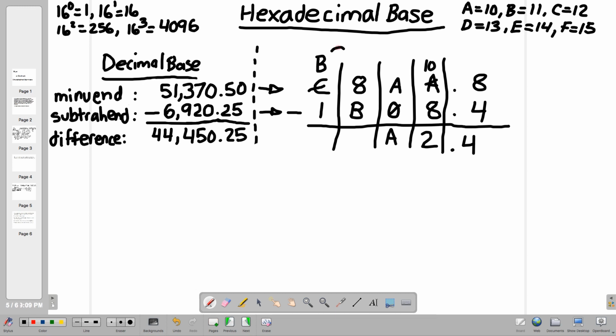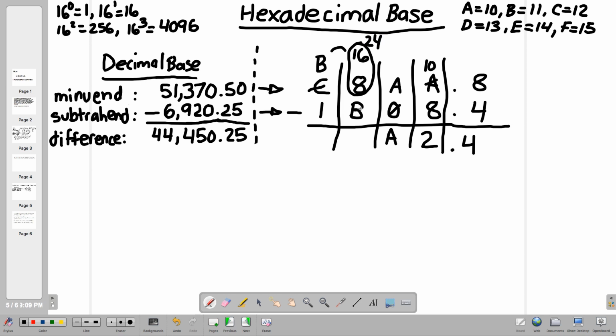and that borrowing column will get a 16. So we add these two together, and we get 16 plus 8 is a value of 24. So 24 is represented here, minus B, which is 11.